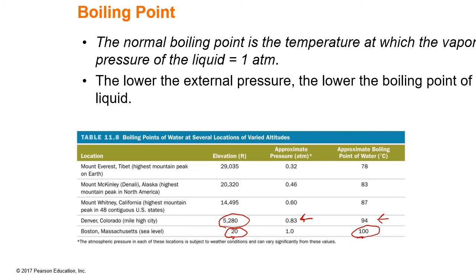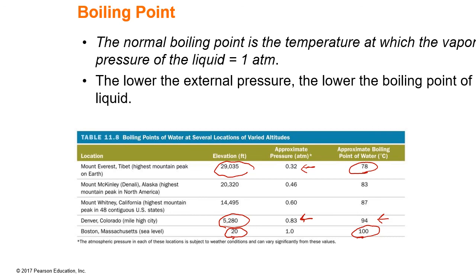Now, if we want to take this to the extreme and go to Mount Everest, which is 29,000 feet above sea level, our pressure, because there is much less air between us and space, is about 0.32 atmospheres, and that decreases our boiling point down to 78 degrees Celsius.